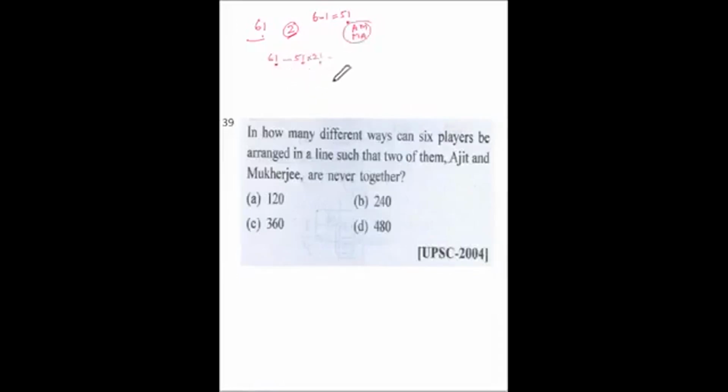We will have, this is factorial 6 when they were not together, and factorial 6 is also having those cases when they are together. So when we subtract the cases when they are together, so remaining will be when they are never together. So it becomes 6 into 5 factorial minus 5 factorial into 2.